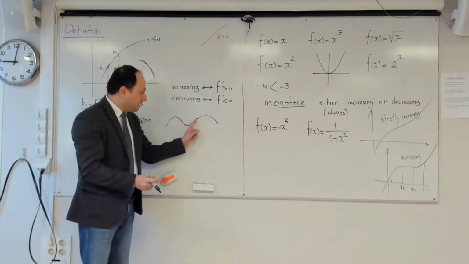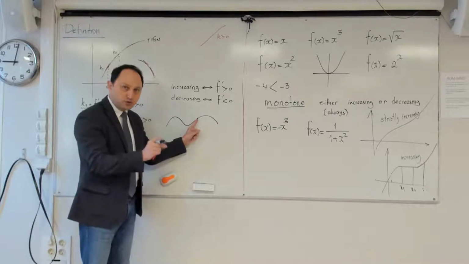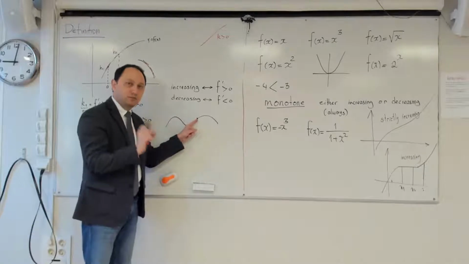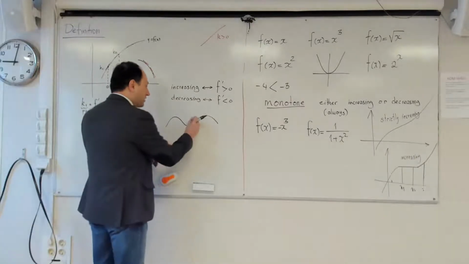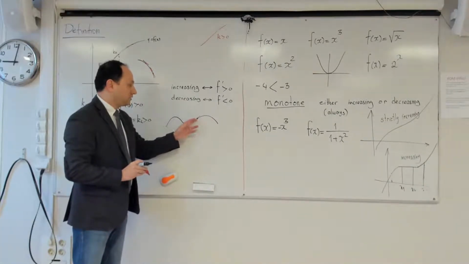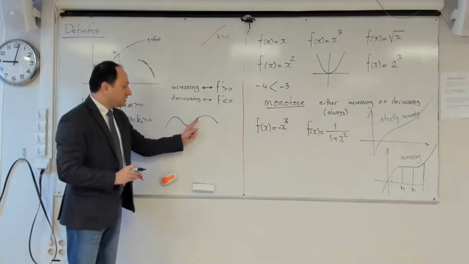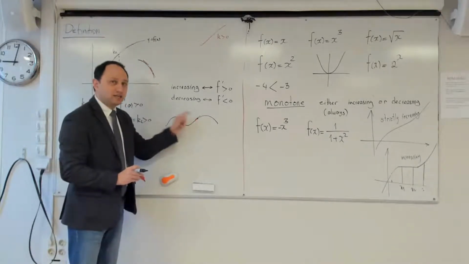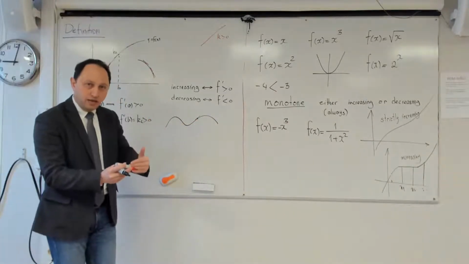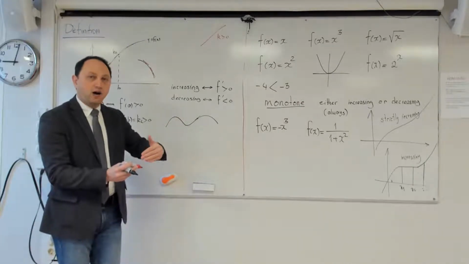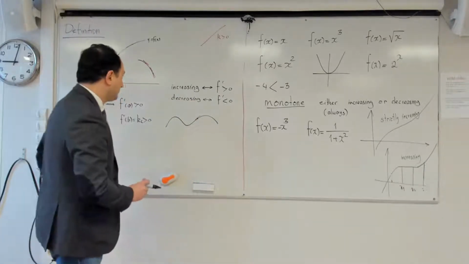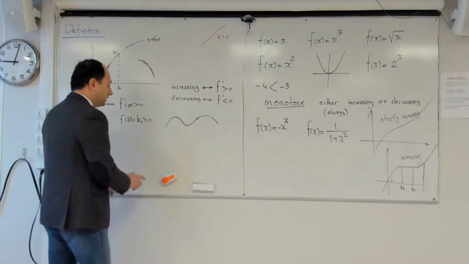I can ask you, at this point, what is the slope? This question is meaningful. What is the slope of the tangent line at this single point? And you can see that the tangent is positive, so you say that the derivative is positive. But I cannot say that the function is increasing at this point. No, increasing is a relative behavior. You need to compare it with something else to see how the function is behaving. Is it going up or down? By one single point, I cannot answer that. Okay, so that's also something I want you to know.